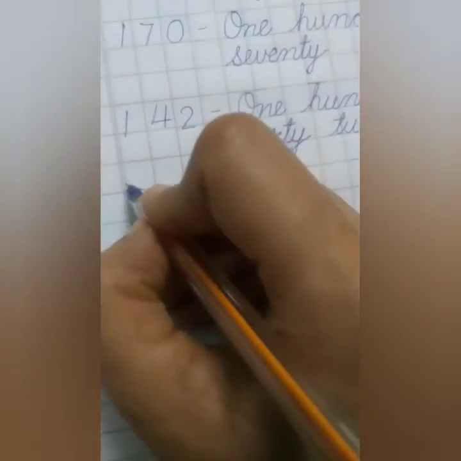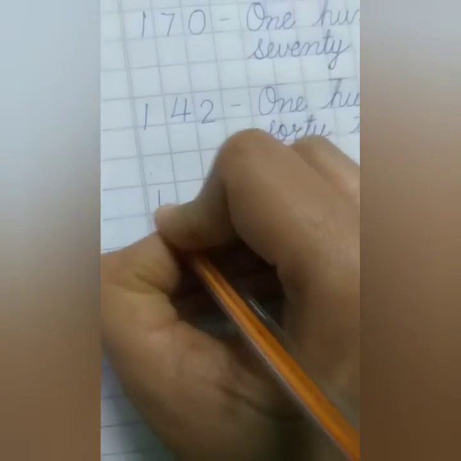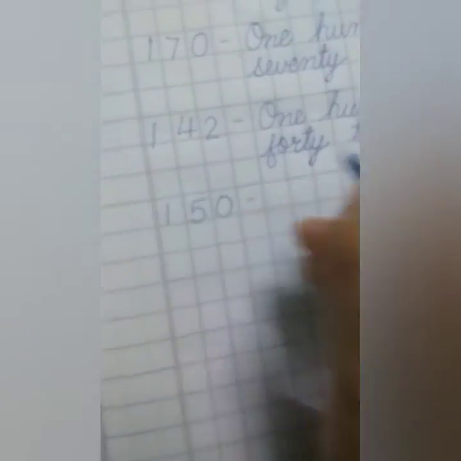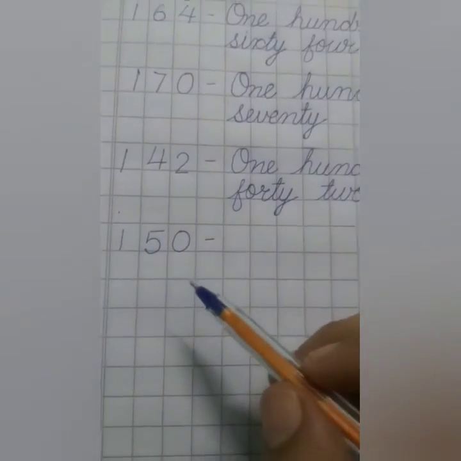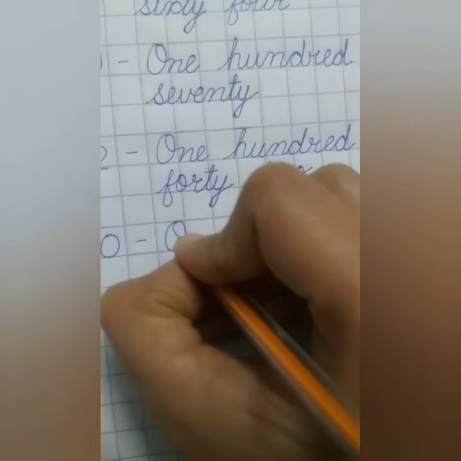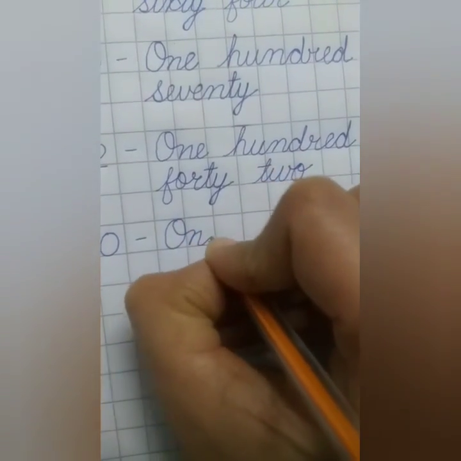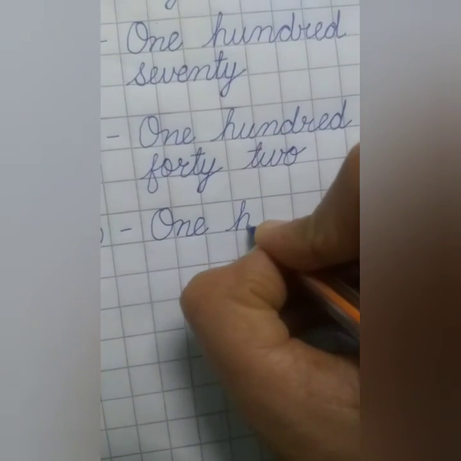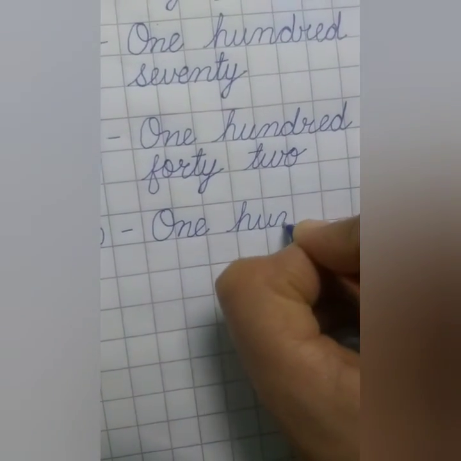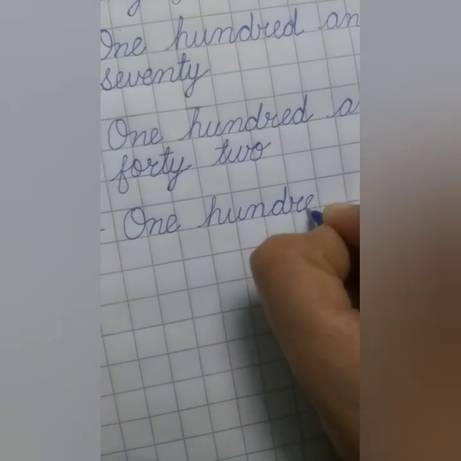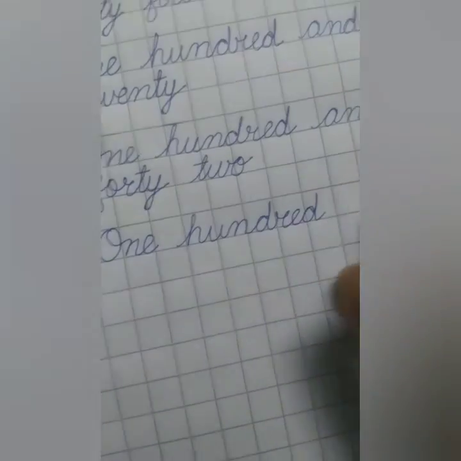T-W-O. 2. Now again leave 2 blocks and write 1, 5, 0. Small dash. 150. So write O-N-E. Take one finger gap and write H-U-N-D-R-E-D. 100.